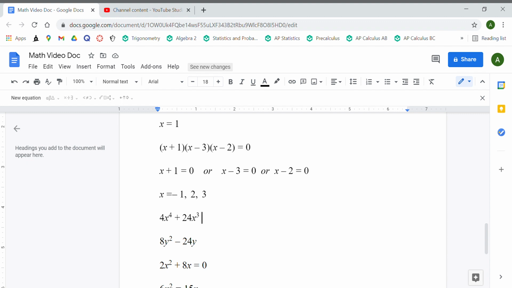Okay, so let's try it out. 4x to the 4th plus 24x cubed. The first thing we need to determine is what is the greatest common factor of the coefficients 4 and 24.